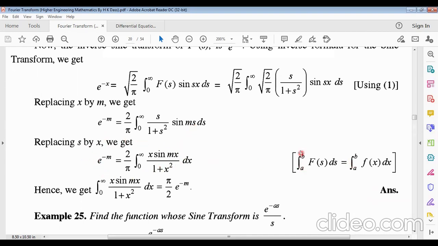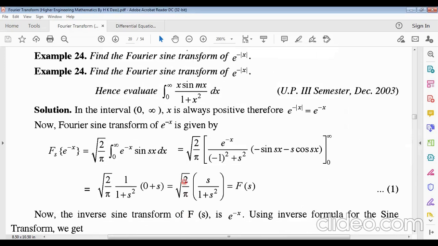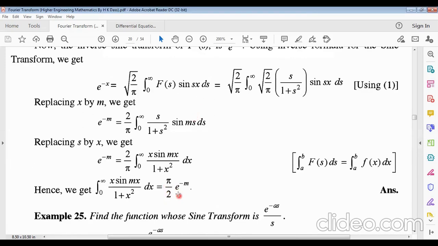In a definite integral, the integral from a to b of f of x ds can be written as the integral from a to b of f of x dx, in the same interval. Dividing by root over 2 by pi on both sides, we get the required integral. This value is pi by 2 e to the power minus m.